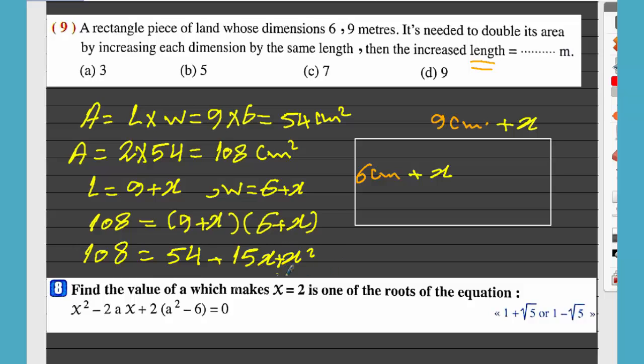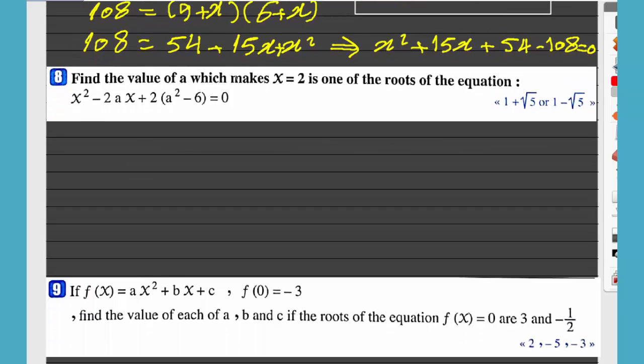Here we have positive. So we have x squared plus 15x plus 54 minus 108 equals 0.